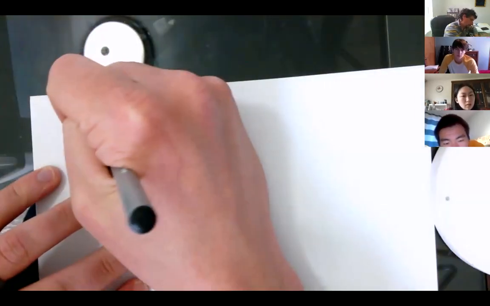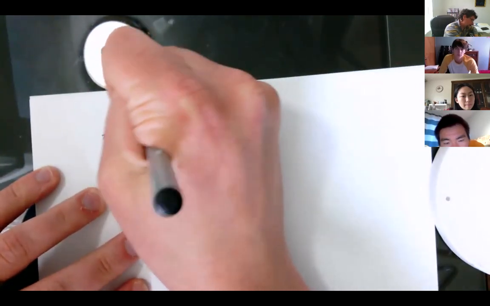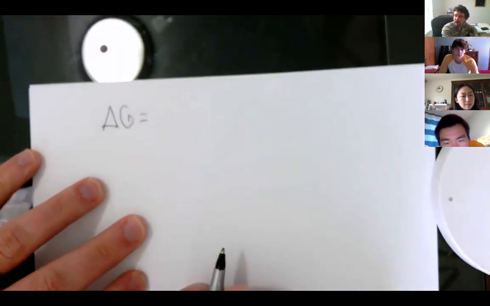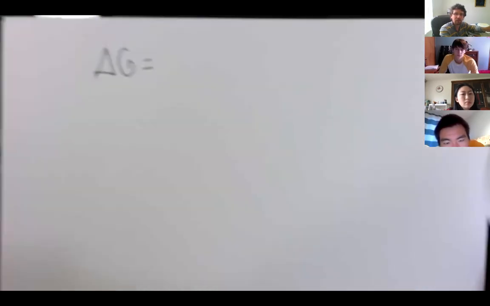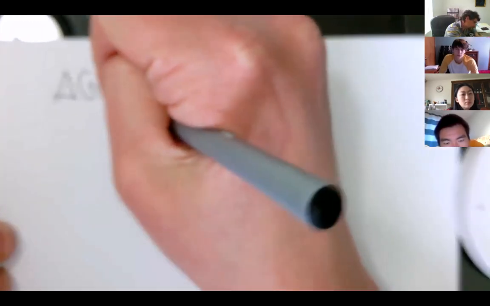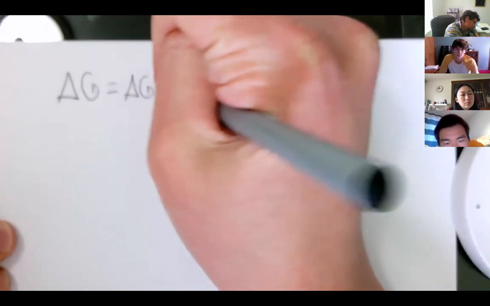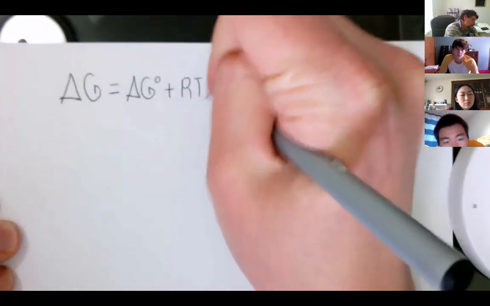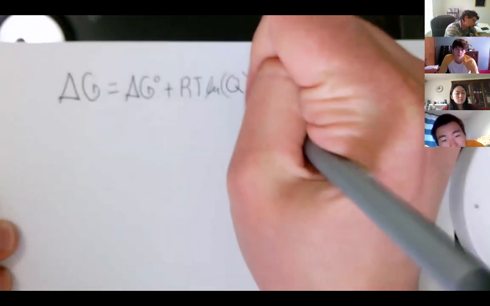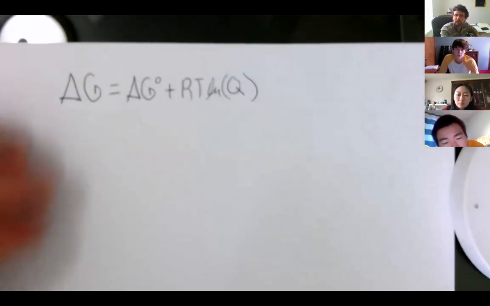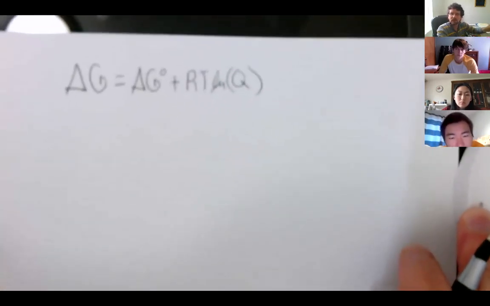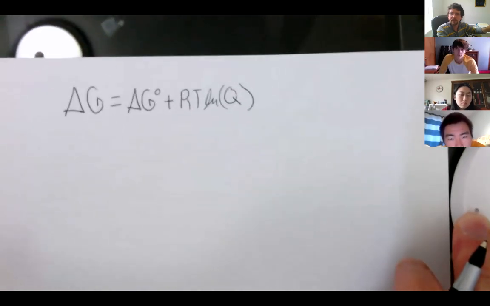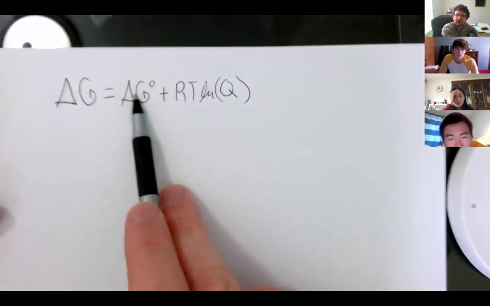So delta G can be calculated in a handful of different ways. The one that we're going to consider starts with this expression. So this is delta G. What is that delta G naught?